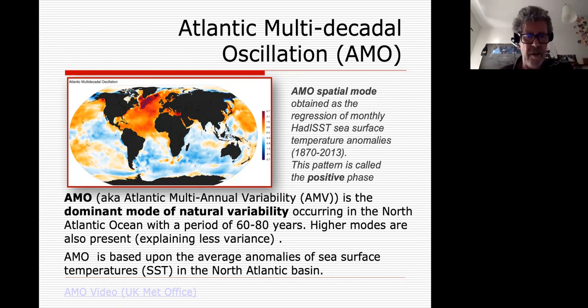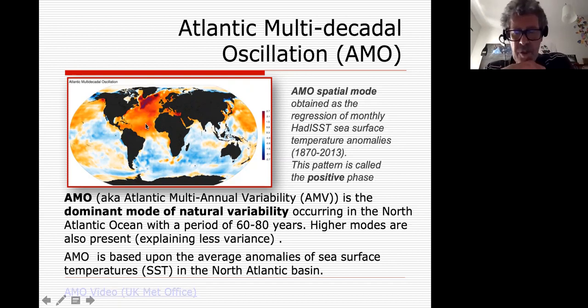And here we have a pattern that probably does not need a lot of discussion to get the major signal. You see a very strong warm spot in the North Atlantic.